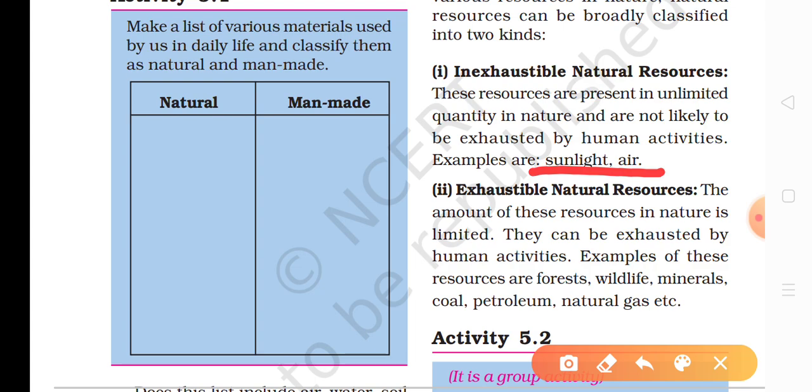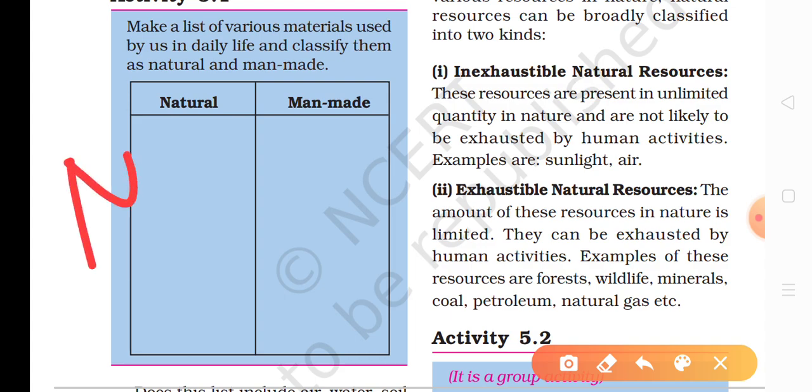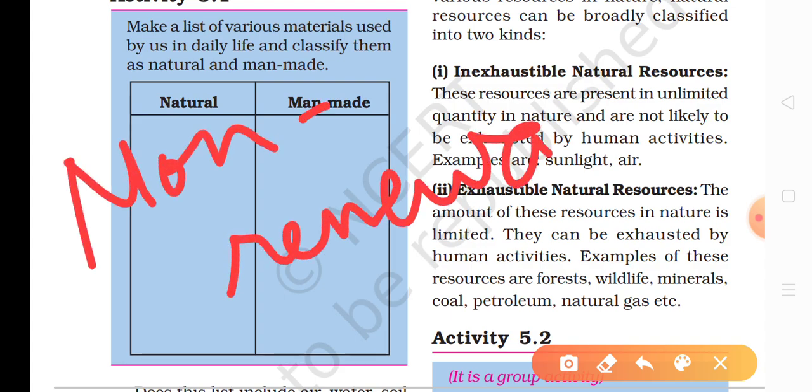Second is exhaustible natural resource. Exhaust means end. So the resources which can end by human activities are called exhaustible natural resources. The other word for exhaustible natural resource is non-renewable resources.